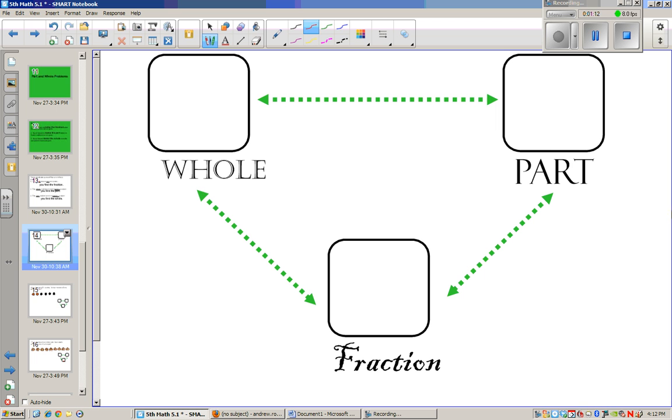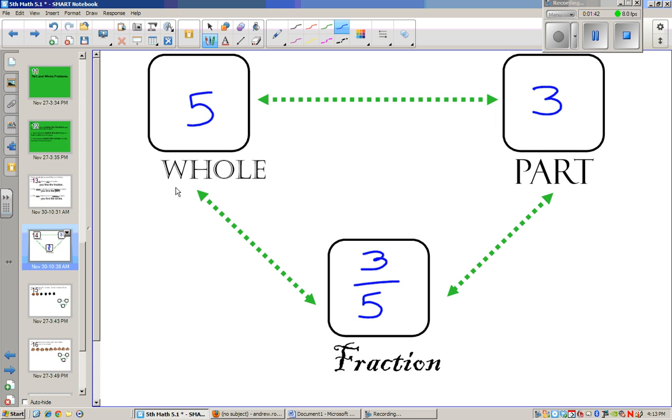Let me just give you an example of how it works. If I put something in the whole, let's just say our whole is 5. So we've got a pie, it's cut into 5 pieces. Somebody takes away 2 of those pieces, and we're left with just 3 pieces. So now our fraction of what's left of the pie is 3/5.